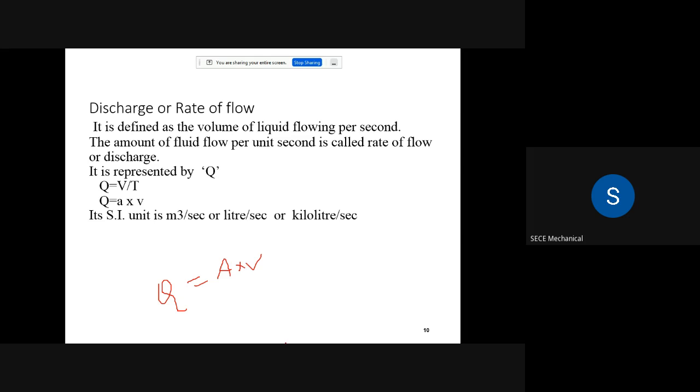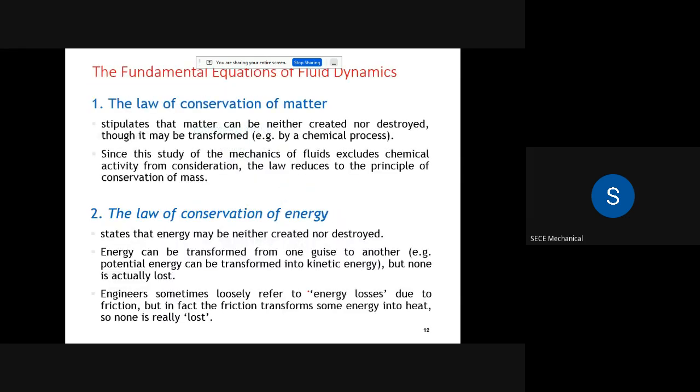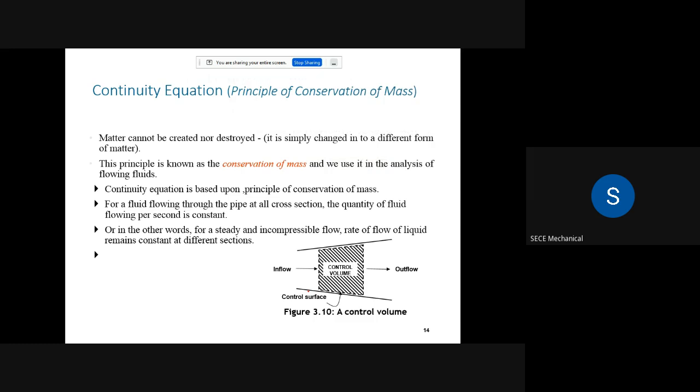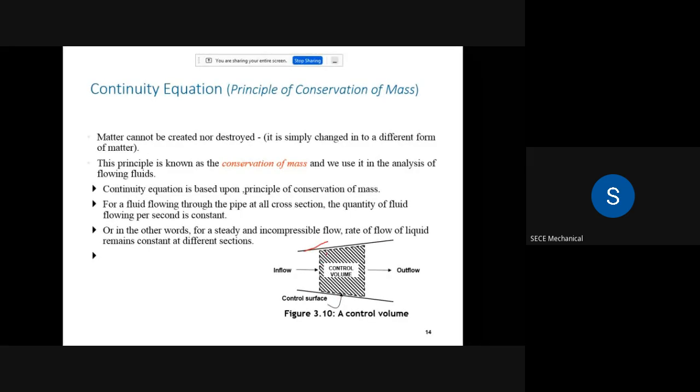Now here I want to explain what a control volume is. Imagine we have a cross section over here. இந்த மாதிரி ஒரு individual cross section மட்டும் நான் எடுத்துக்கிறேன்.